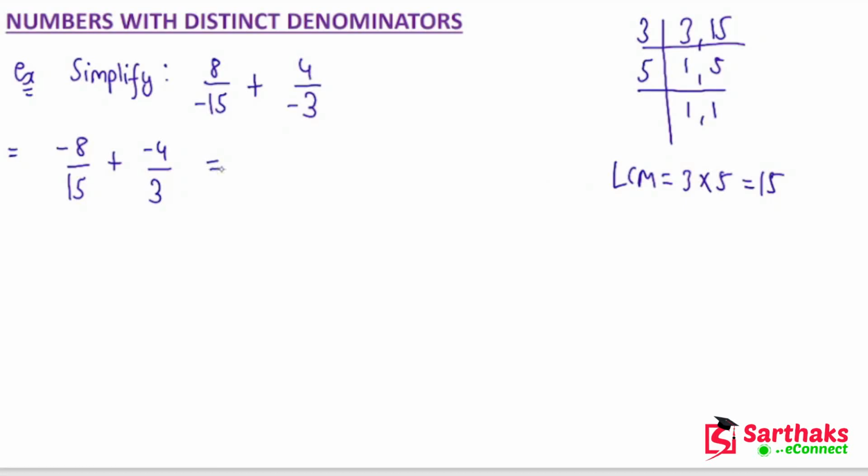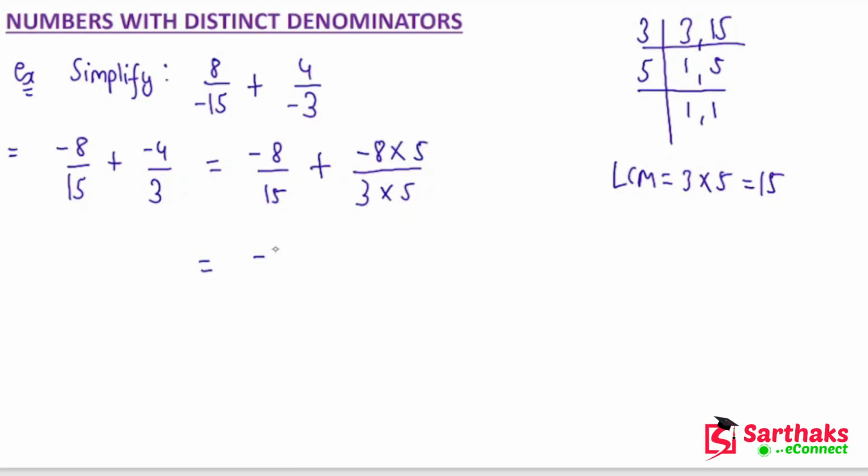Okay, so how do we make them 15? It is already 15, so no need to multiply them with anything. But to make it 15, we have to multiply 3 by 5. Okay, we have to multiply 3 by 5, and similarly we have to multiply the numerator also by 5.